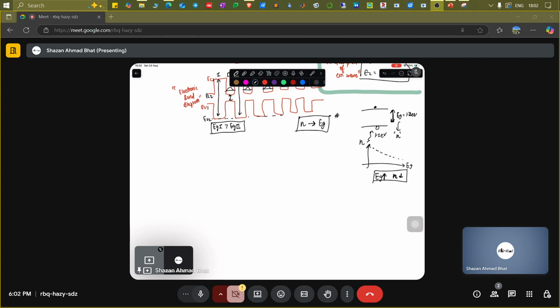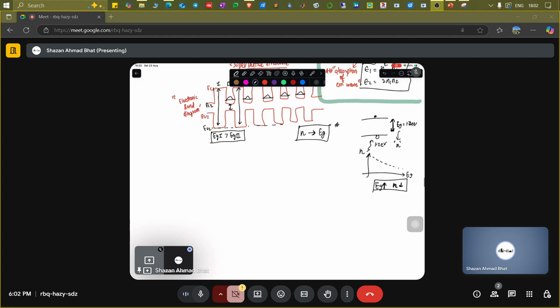Now, what does it mean? It means that you are also going to have a refractive index variation here because of this band gap variation, right?